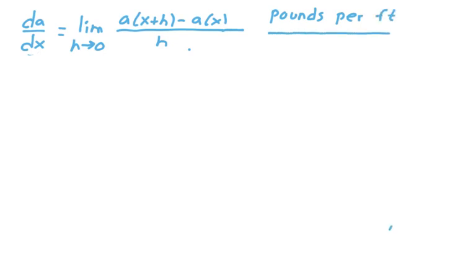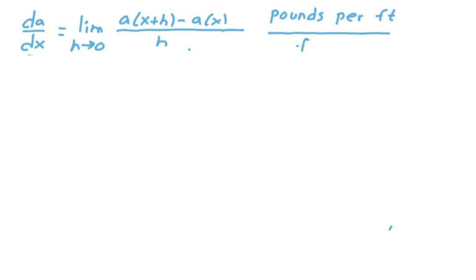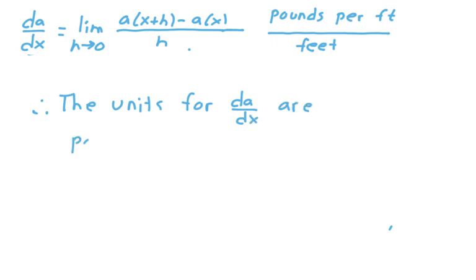The units for the denominator are feet. So, therefore, the units for dA/dx are pounds per square feet.